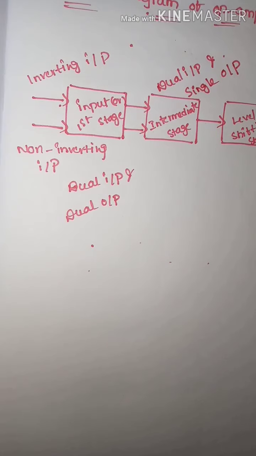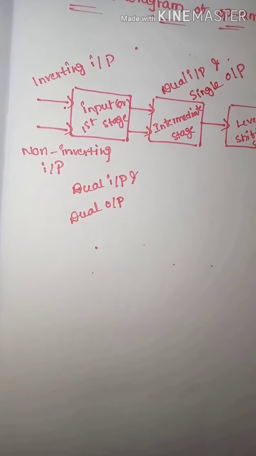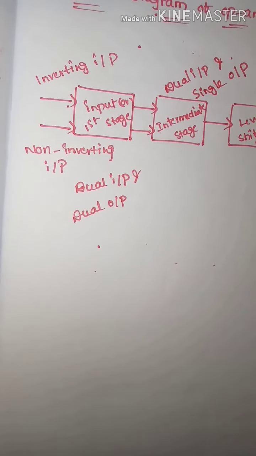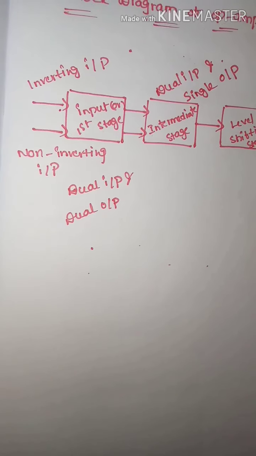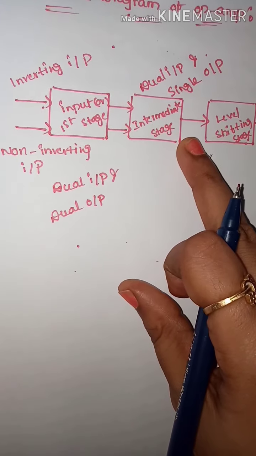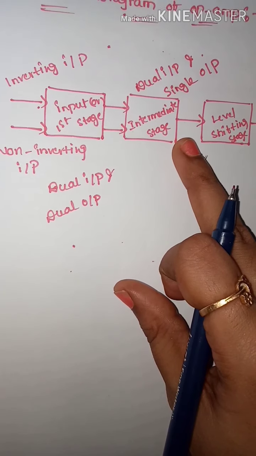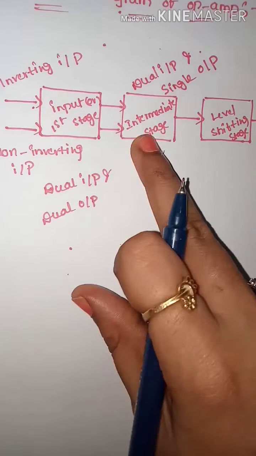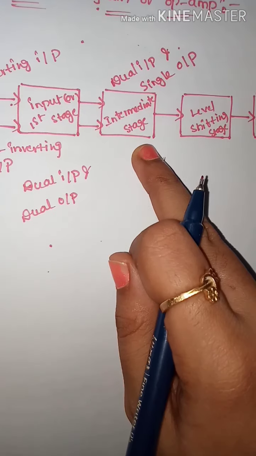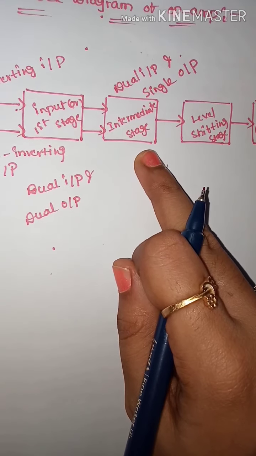This stage is the output of a differential amplifier. Because of the direct coupling, the DC voltage at the output of the intermediate stage will be above ground potential. Hence, level shifting is used after the intermediate stage. This is known as the intermediate stage.